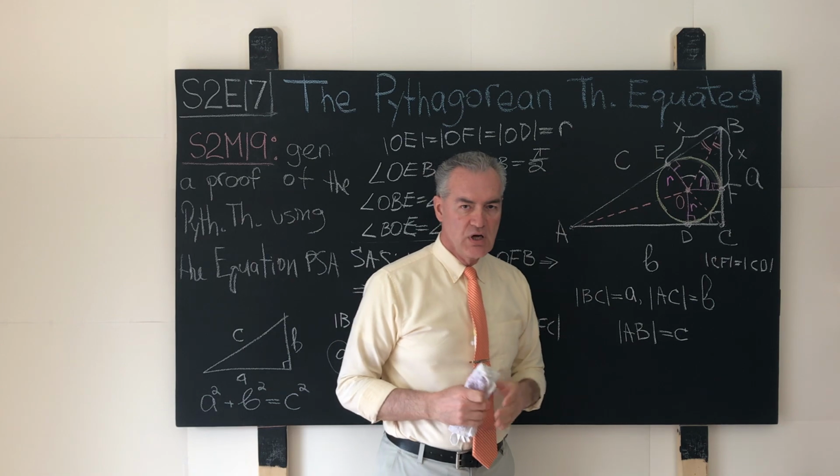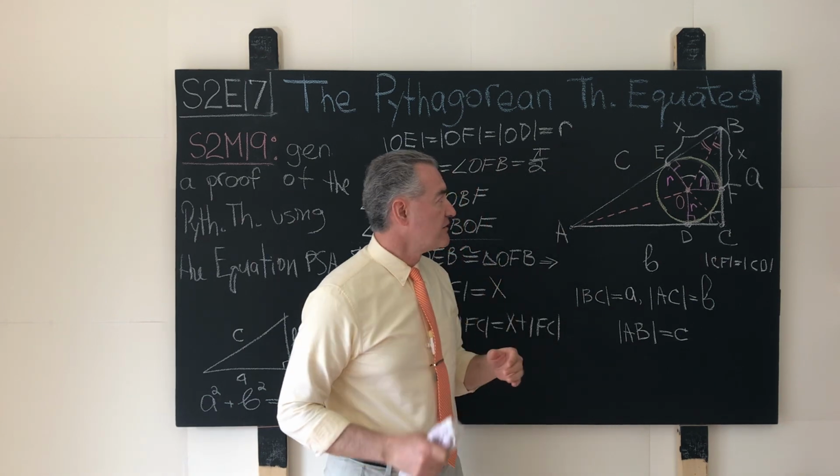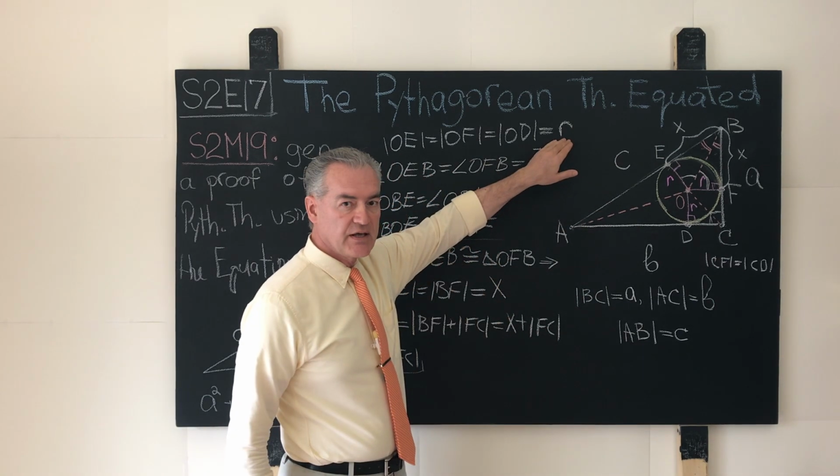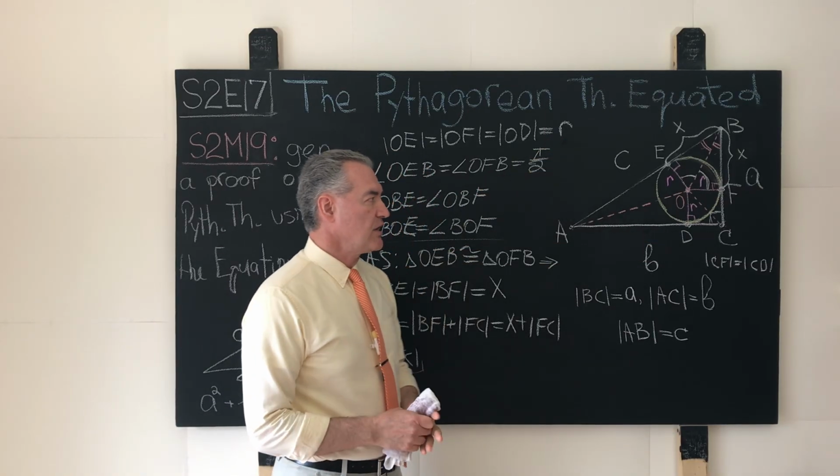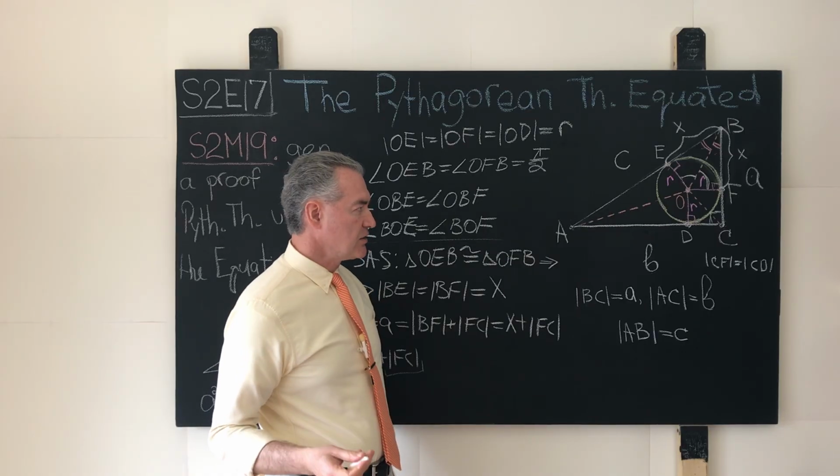But we want to splice in the variable r, the length of the inradius of the given right triangle, and the way we do that is as follows.